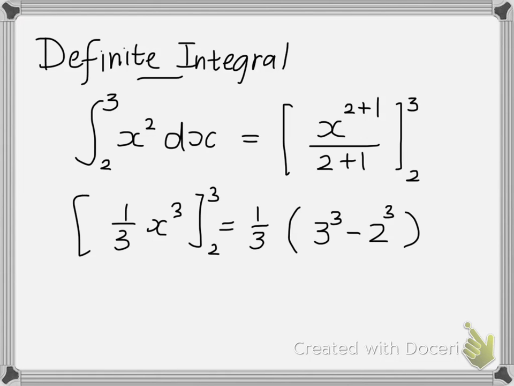That means you are substituting these numbers into the x. Alright, so that's what it means. So from here it will become 1/3, and this is 27 minus 8, that gives you 19 over 3. Okay? So this is called definite integral.